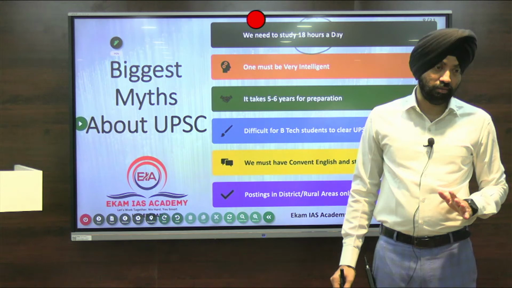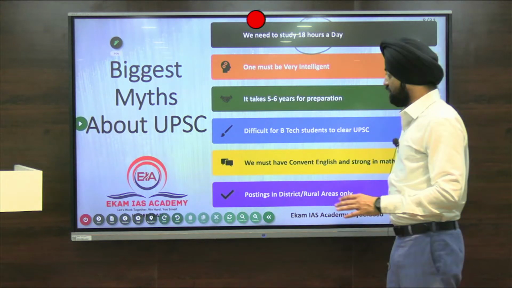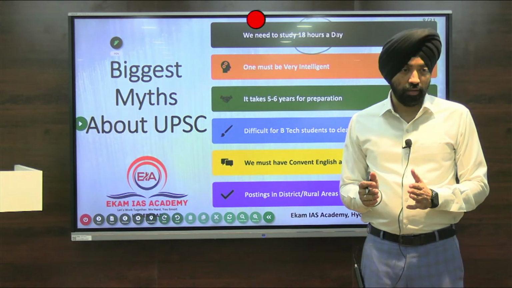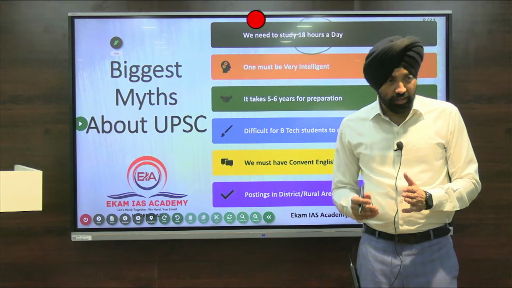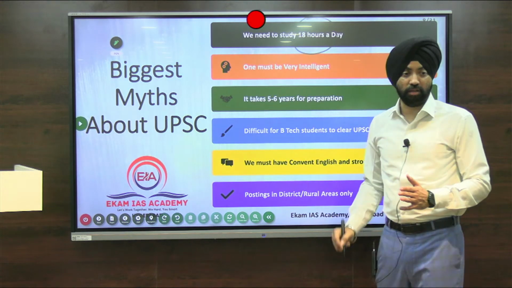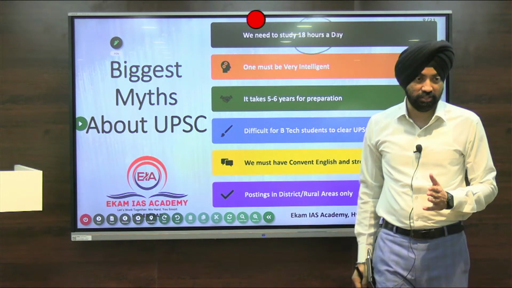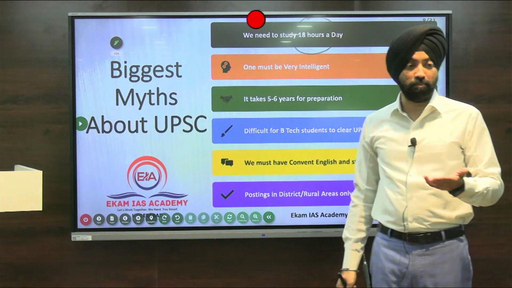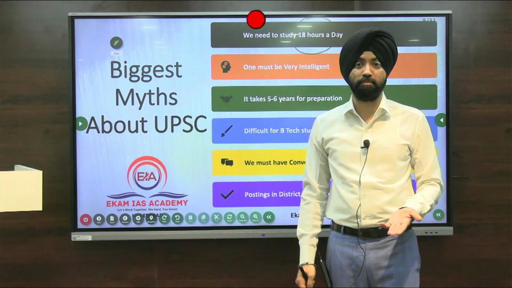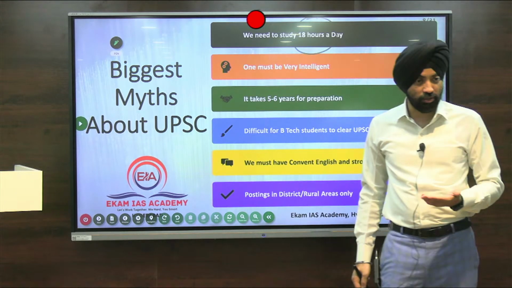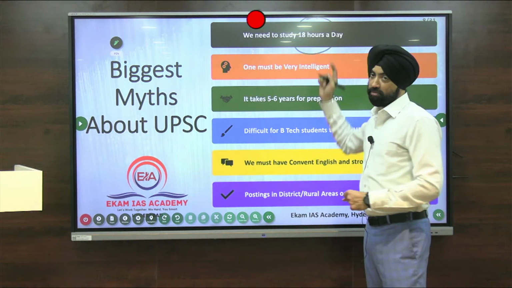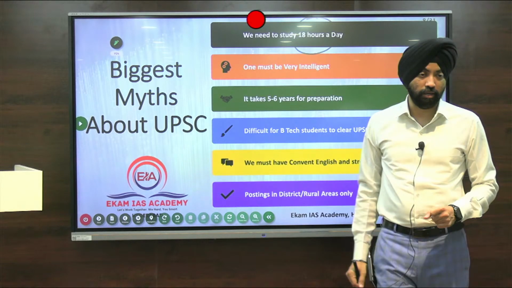When the examination comes closer, anybody will work for 12 to 14 hours per day. It does not mean that during the entire duration of preparation he or she studied for 18 hours a day. If the examination is a month or 20 days or 15 days away, anybody will study for 16 to 18 hours. So do not get carried away if somebody says that they studied for 18 hours a day. It is not for the entire duration.